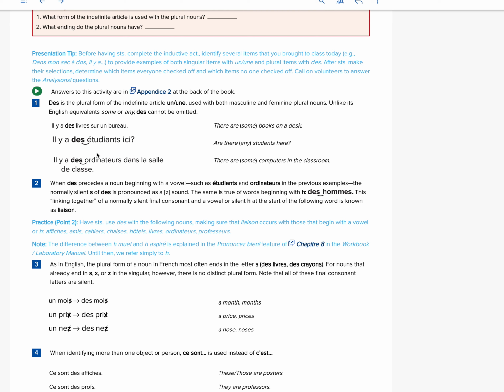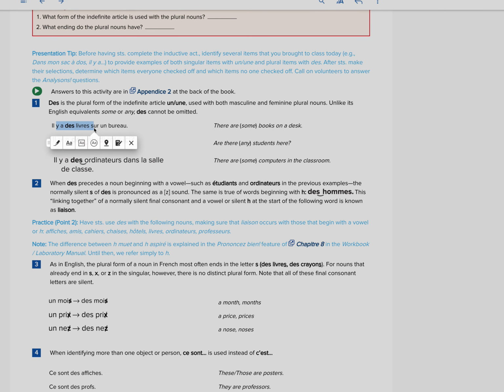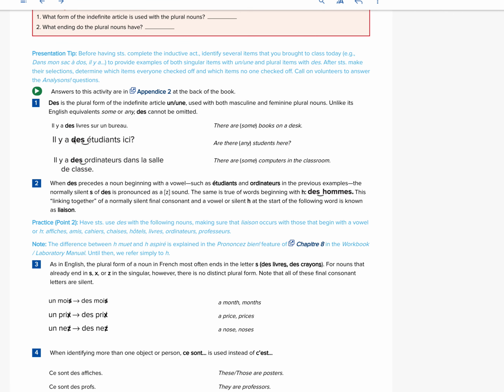And the reason for this is structure. The structure of French follows a pronunciation of a consonant and a vowel, a consonant and a vowel. So on livre, in the first example, we don't need the pronunciation of S because we already have consonant, vowel, consonant, vowel. Il y a des livres. But when you have étudiant, if you don't pronounce S, you will have two vowels together.